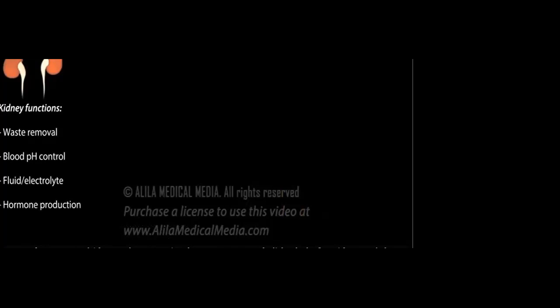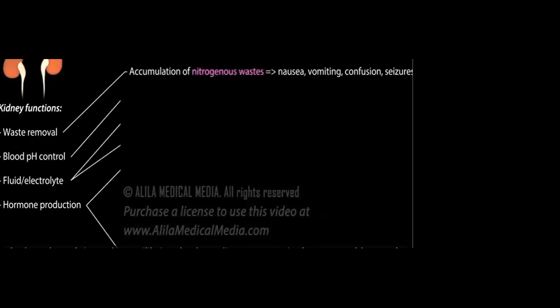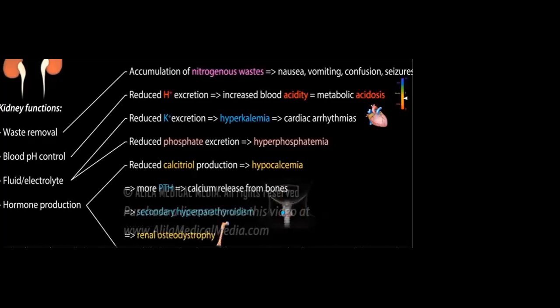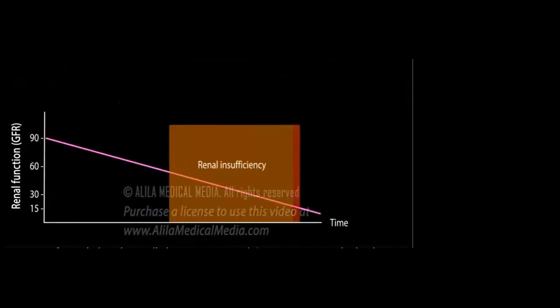Because the kidneys remove metabolic waste, control blood pH, regulate fluid and electrolyte balance, as well as produce several hormones, loss of kidney function results in accumulation of toxic wastes, electrolyte imbalances, and a number of other health problems. The disease develops slowly over time, progressing from renal insufficiency to end-stage renal failure.